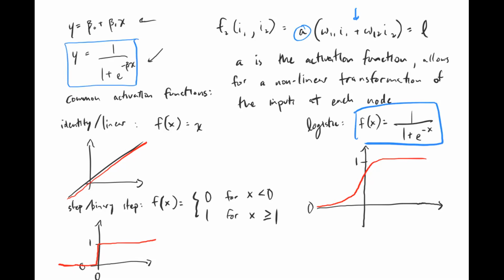So that in this particular example, it would be F2, I1, I2 from above. Instead of writing the activation function, it would be equivalent to writing it explicitly. So 1 plus e to the negative W11 I1 plus W12 I2.